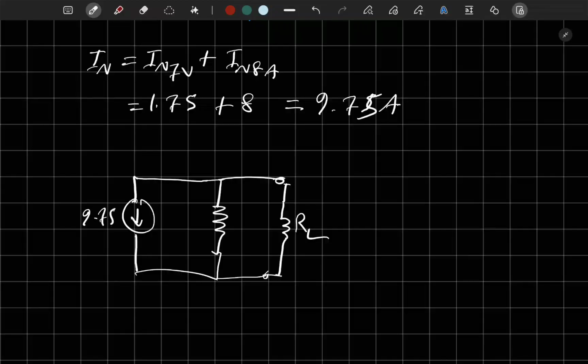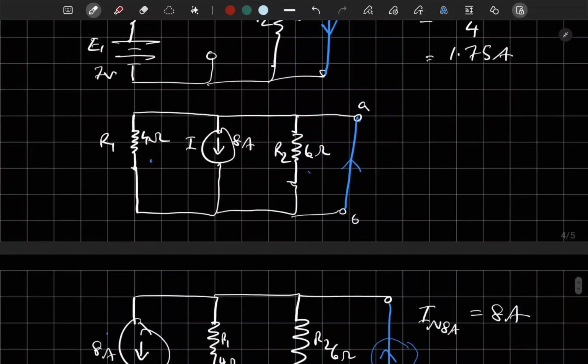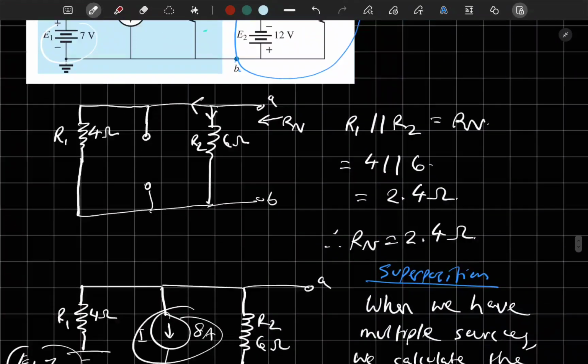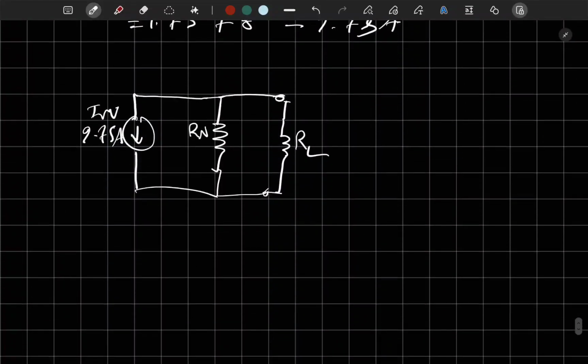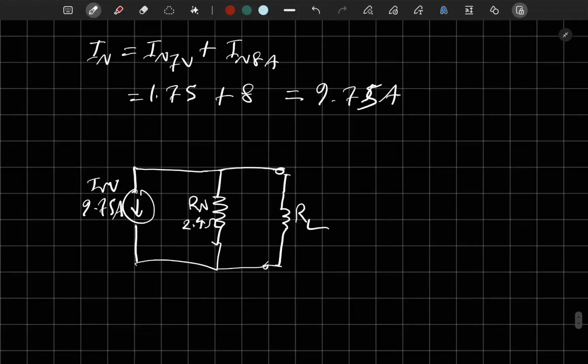IN was 9.75 ampere and RN, what is RN? RN was 2.4 ohms. 2.4 ohms, and RL doesn't matter.